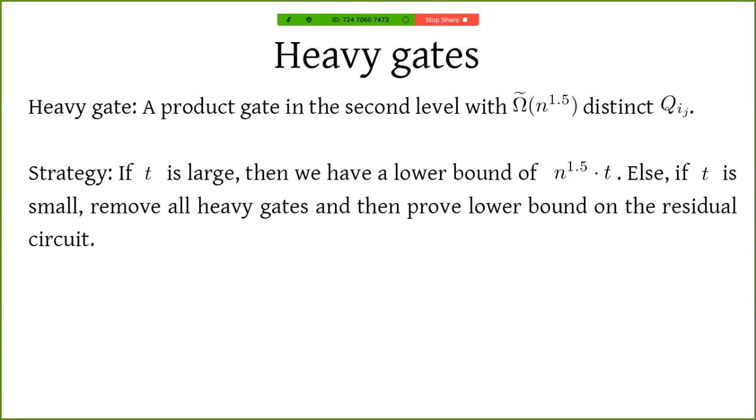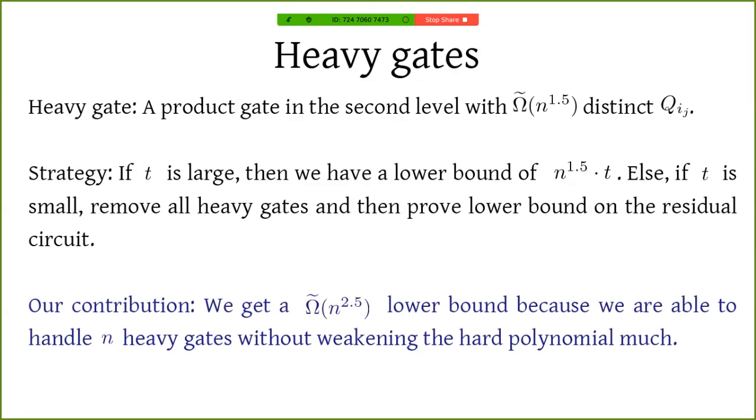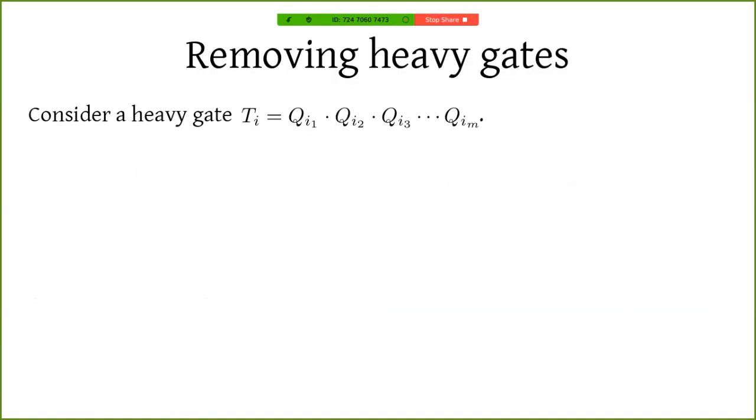Otherwise, if t is small, we can remove all the heavy gates from the circuit and then prove a lower bound on the residual circuit. In the next few slides, I'll talk about how we remove heavy gates, but before that, let me just mention that we are able to get a lower bound of omega tilde n raised to 2.5 because we are able to handle n heavy gates without weakening the hard polynomial much.